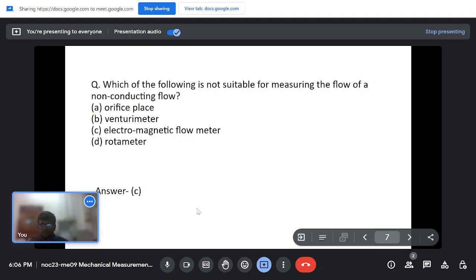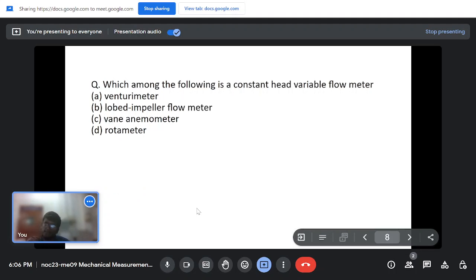Okay. So moving on, we have the next question. Which among the following is a constant head variable area flow meter? A, venturi meter; B, lobed impeller flow meter; C, vane anemometer; D, rotameter.